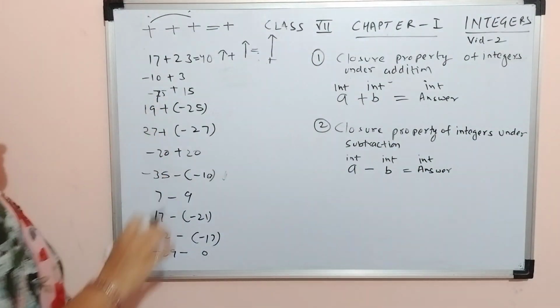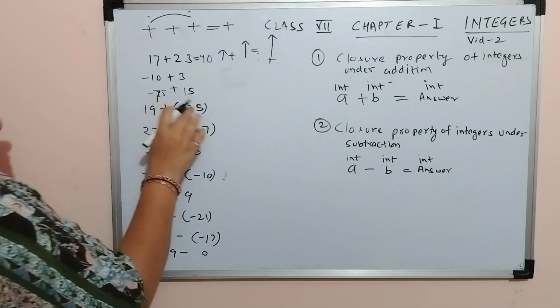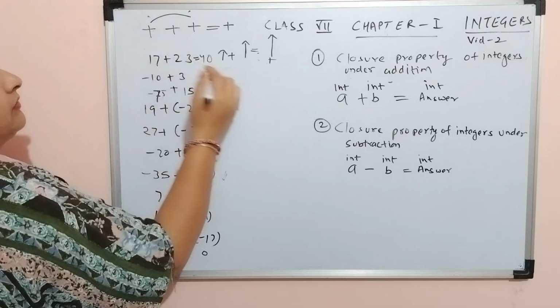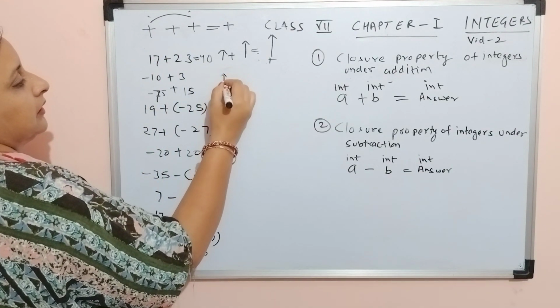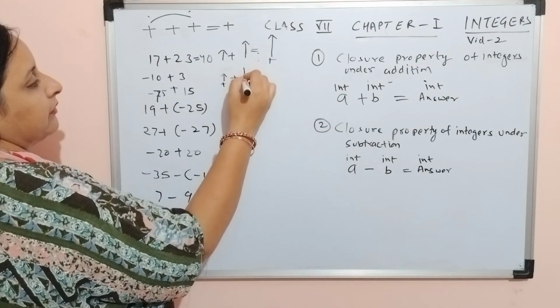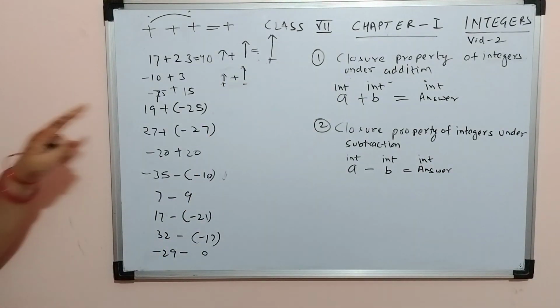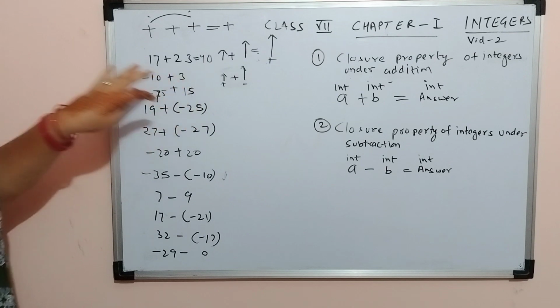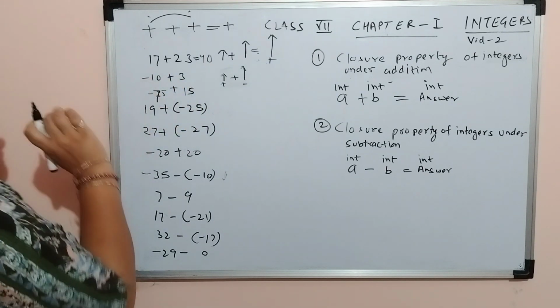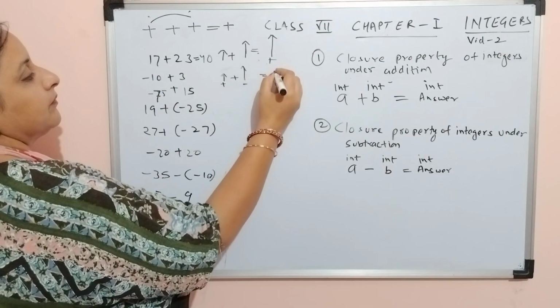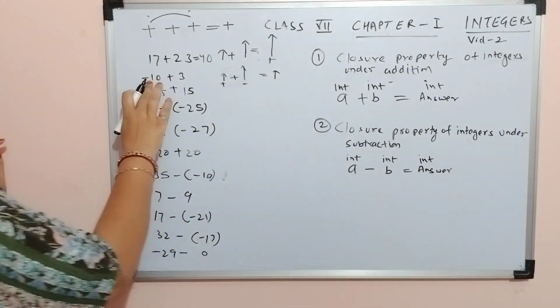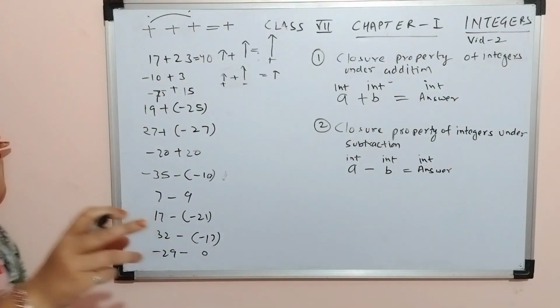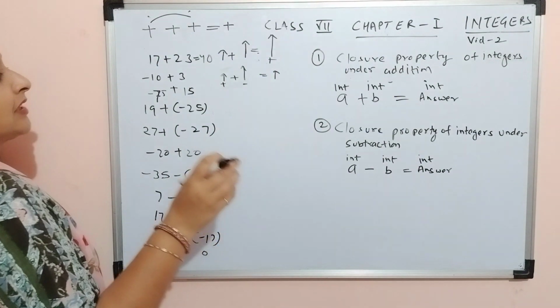In the second case, I told you, when one number is positive and one number is negative, subtraction will happen. The smaller number will get subtracted from the bigger number, and the answer takes the sign of the number which is greater in denomination.